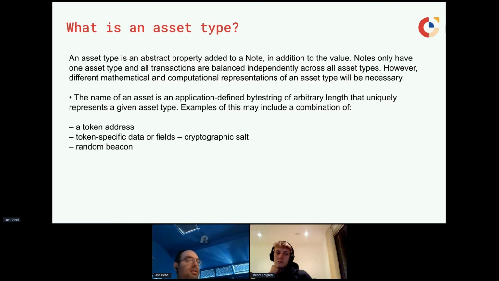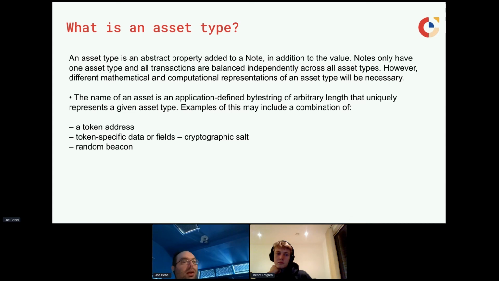You also have ERC non-fungible tokens. You have Cosmos interchain representations of different tokens. You've got an incredible variety of different ways that an asset type can be viewed from an application layer.